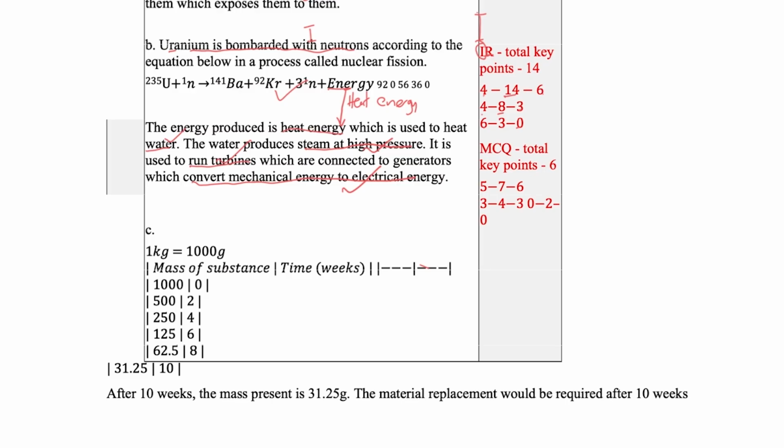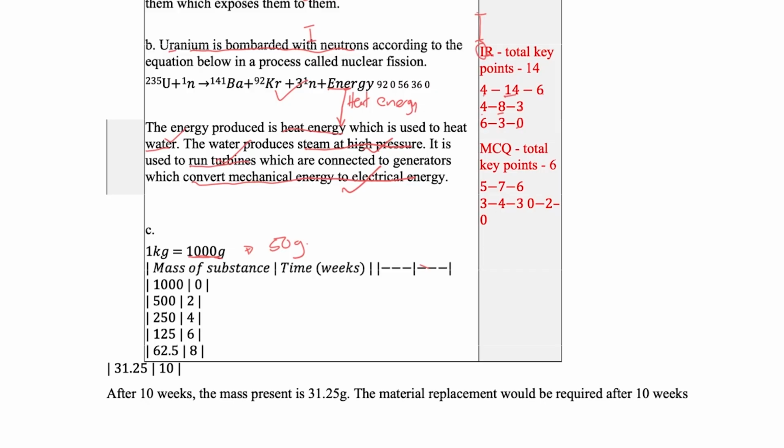And lastly, our part C, we are to decay 1000 grams of radioactive material to a value that is greater than 50 grams.